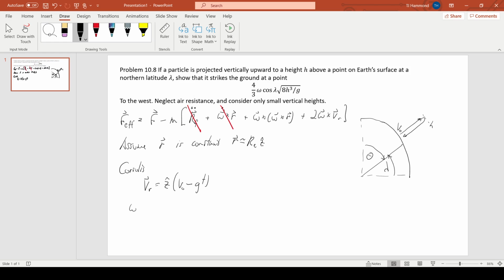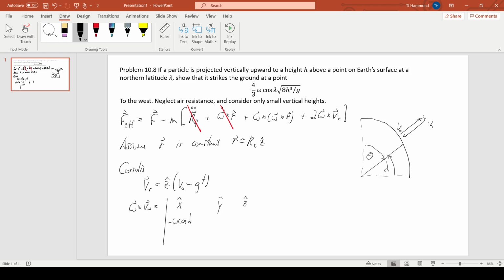So omega cross v_r, we calculate the cross product by the determinant. So how we set up the determinant is we have the different directions that we have to deal with, x hat, y hat, z hat.